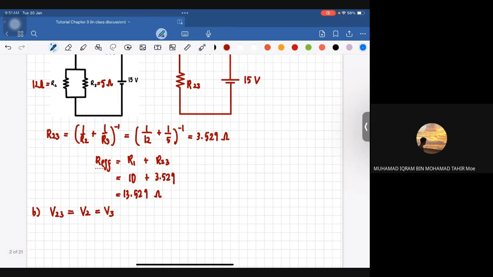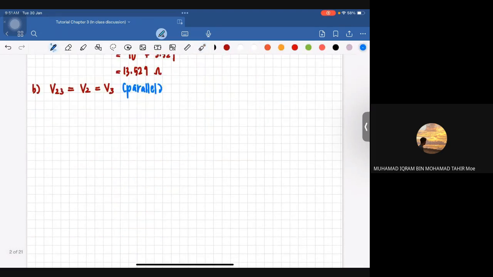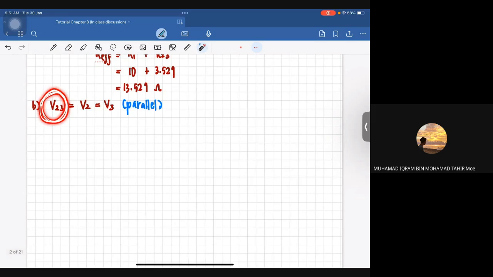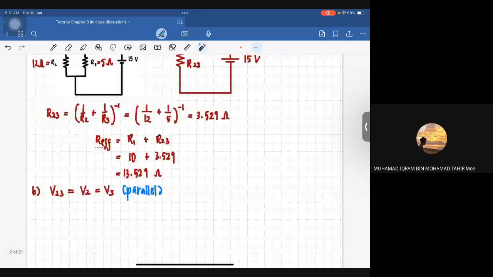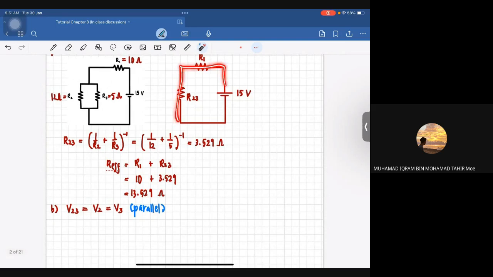So yang ini adalah karakteristik untuk parallel circuit. Okay, and then what else do we know? Okay, what else do we know untuk connection bahagian voltage ni? Apalagi yang berkaitan dengan V3 lah. Okay, so untuk V23 ni, V23 ni di mana? V23 ni adalah di sini. So this connection sekarang ni connection apa?